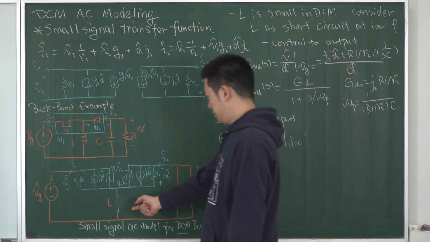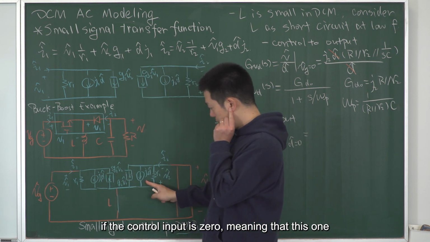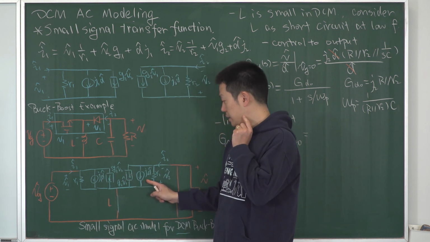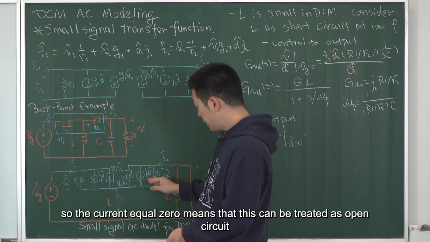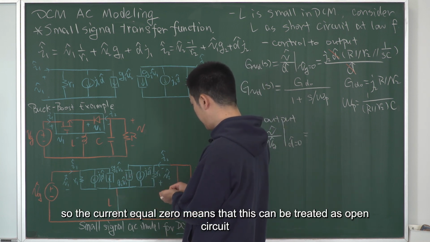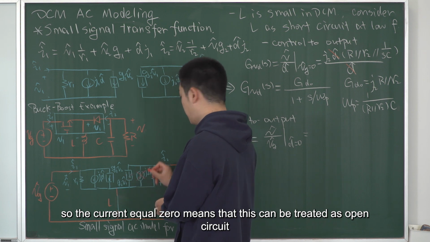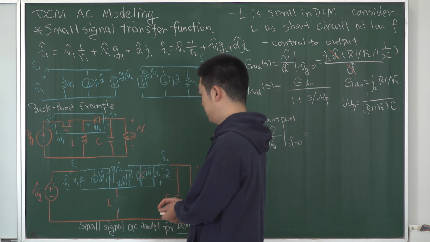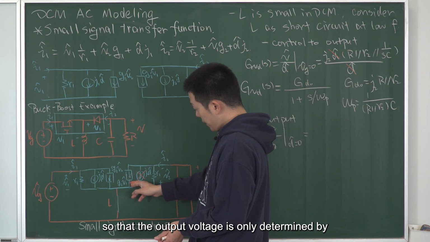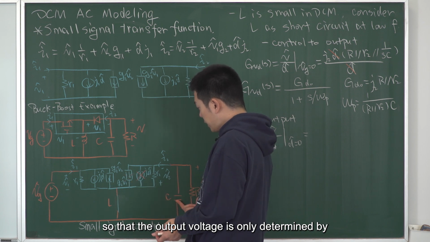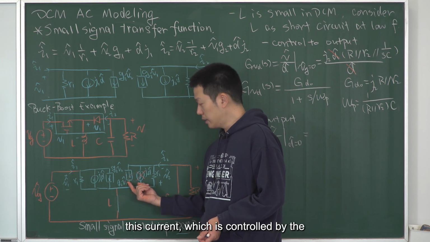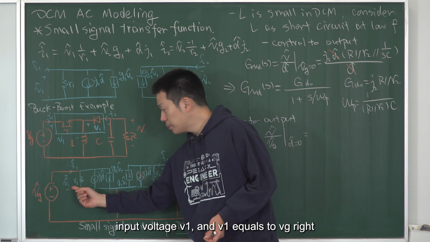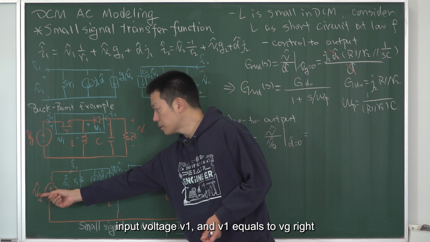This time, if the controlling input is 0, meaning that J2D will be equal to 0, the current equals 0 means that this can be treated as an open circuit, so that the output voltage is only determined by this current, which is controlled by the input voltage V1, and V1 equals to Vg.